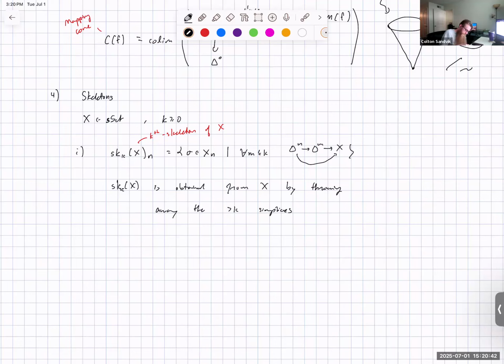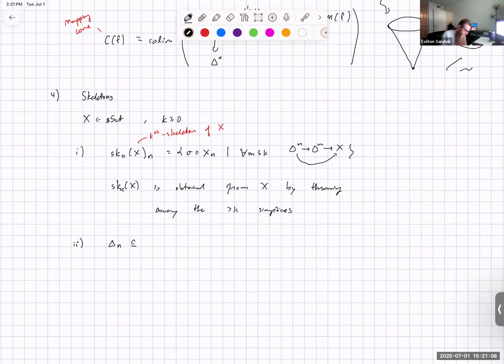So let me write maybe a more satisfactory answer for some people, and I think it's quite nice. We have our standard simplex category, and we can look at the n-truncated version of it.